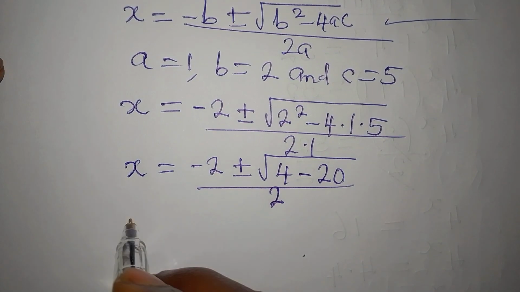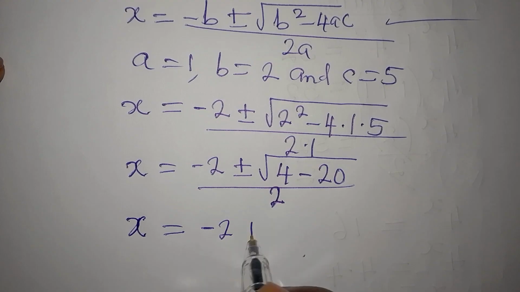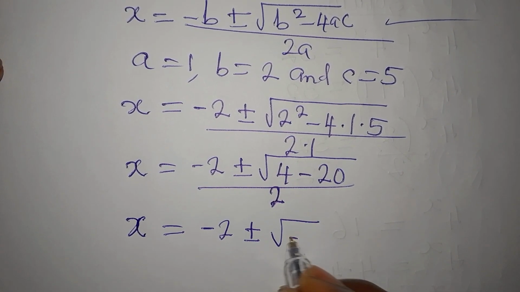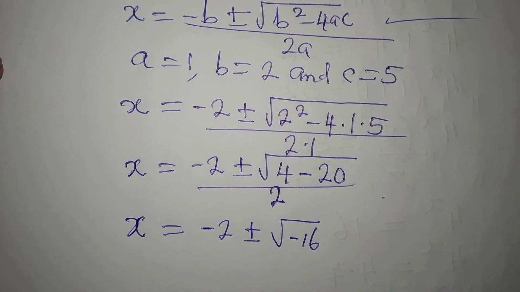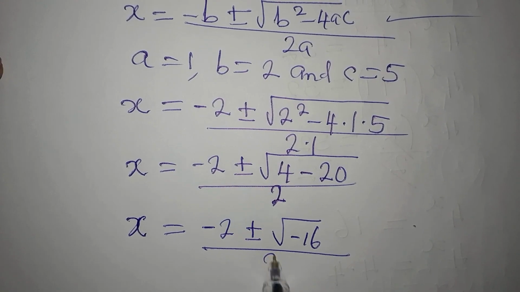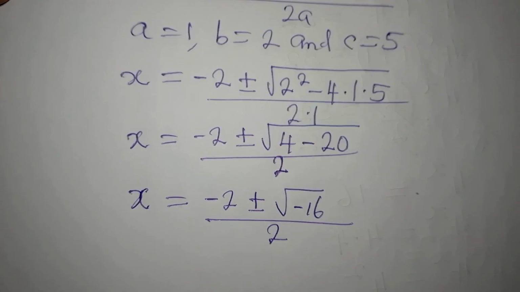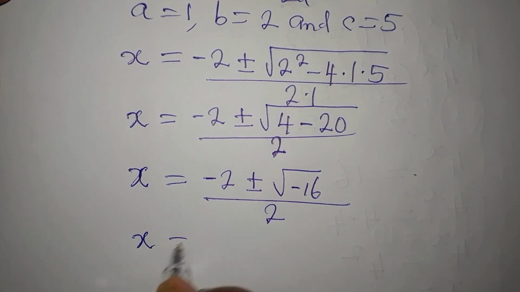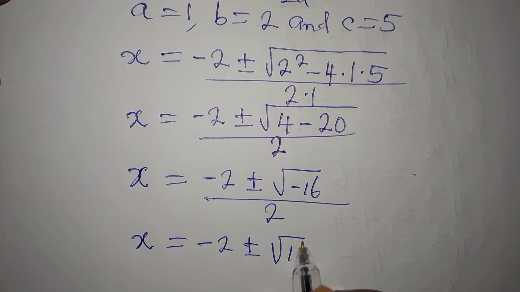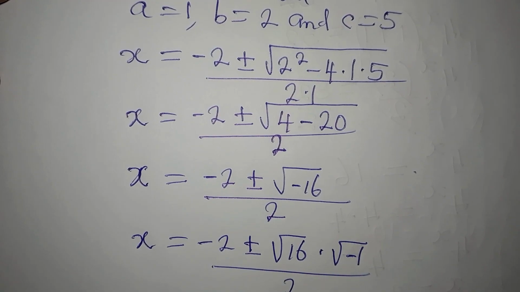So x will now be equal to minus 2 plus or minus the square root of 4 minus 20, which is minus 16, and then we divide that by 2. Remember, we already had one solution, right? So x will now be minus 2 plus or minus square root of 16 multiplied by square root of negative 1, divided by 2.